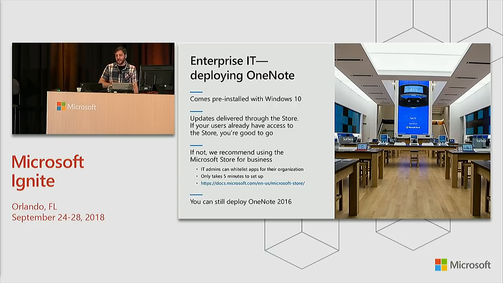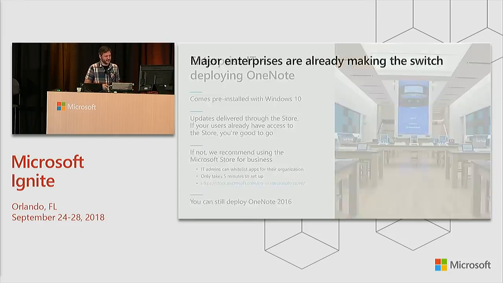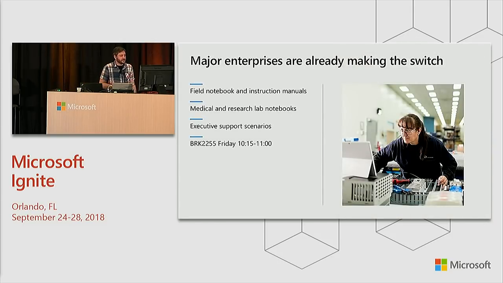So you still get all of the great ease of use and deployment with the fact that it's a store app, but you get the manageability through your IT consoles and all of your existing technologies there. So this is also something that I would encourage you guys to look at. And yes, if you're deploying wide scale, you can still deploy OneNote 2016. Absolutely. It's not there by default, but you can add it back.